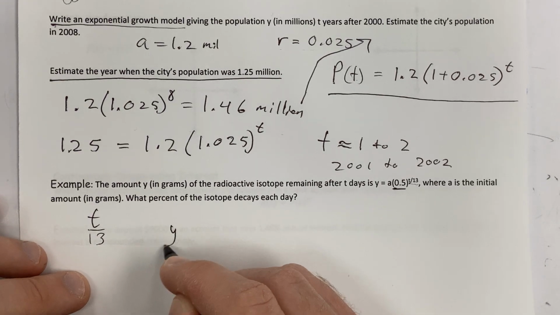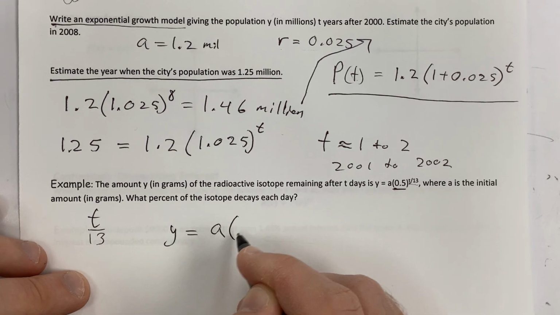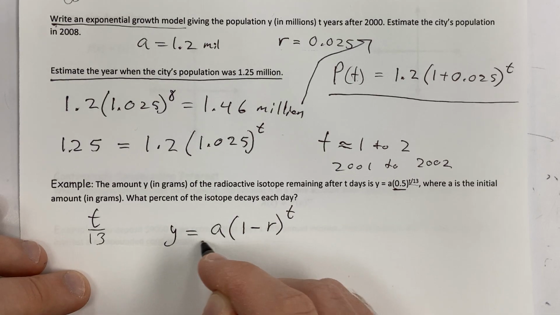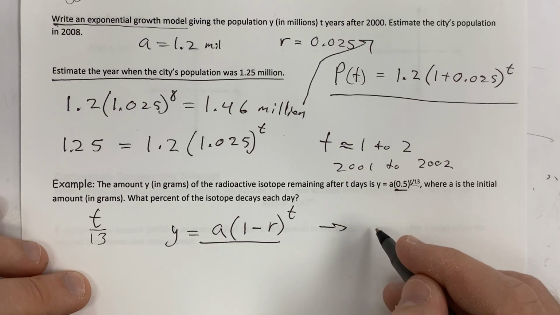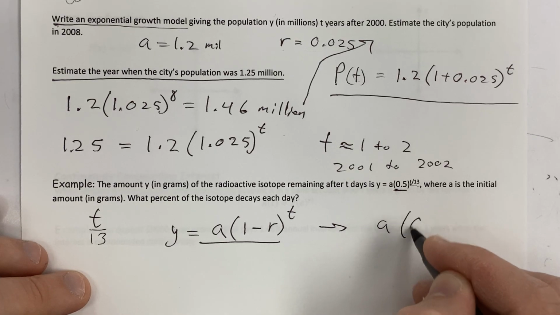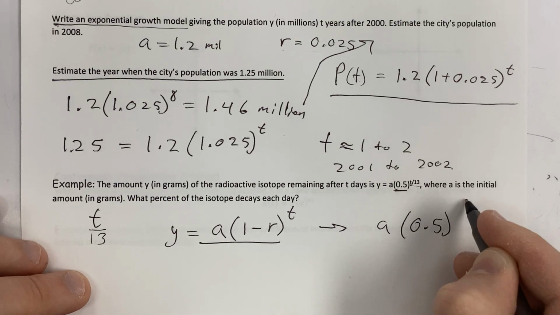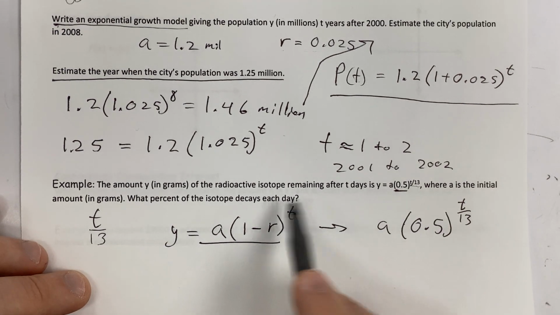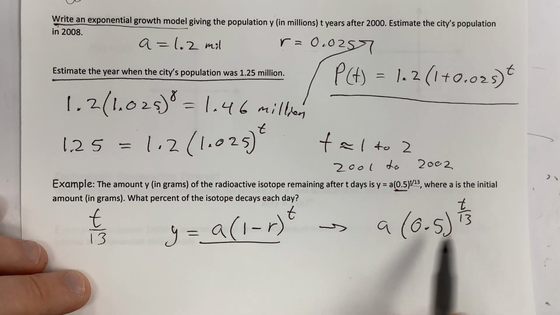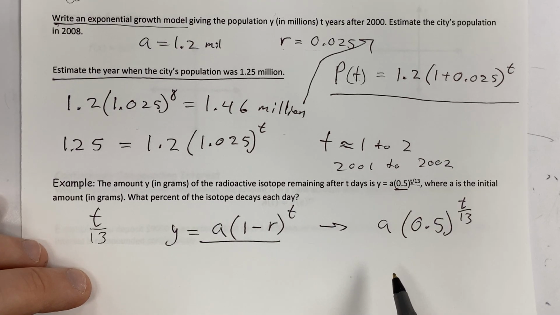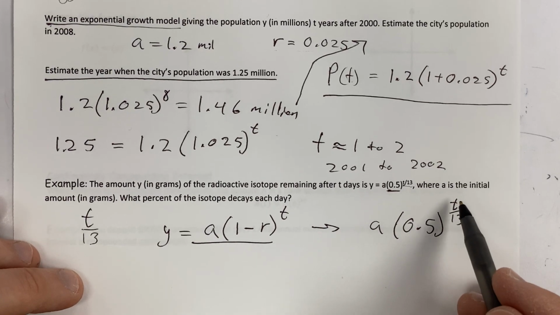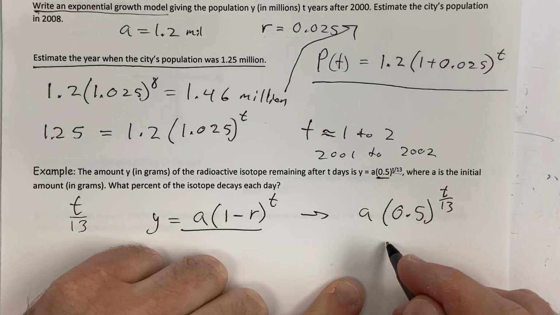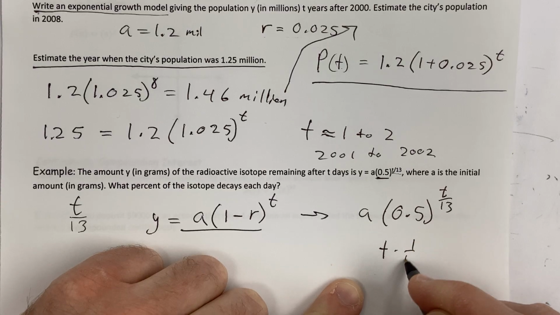We want to write the formula, y equals a times, and this is radioactive decay, 1 minus r to the t. We want this formula, but we are given this formula. So I've got to reconcile these exponents before I can reconcile the internals. And this is where we use a rule about powers, and that is t over 13, we could think of that as being t times 1 over 13.